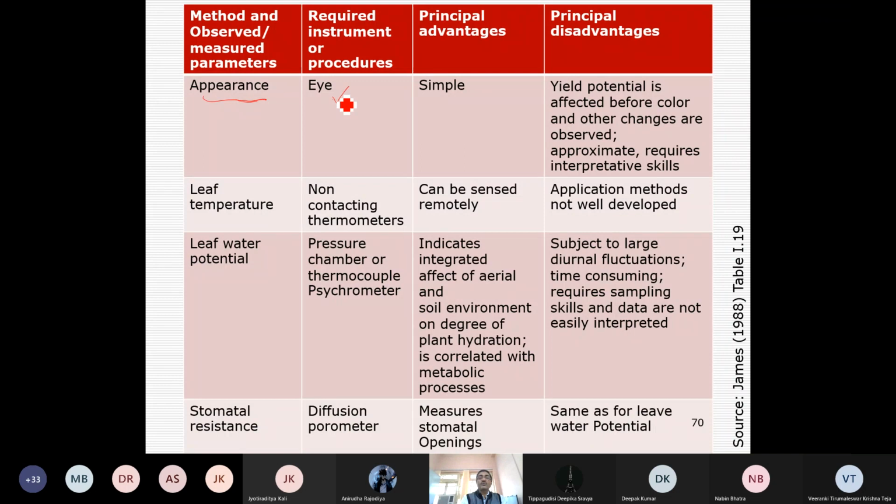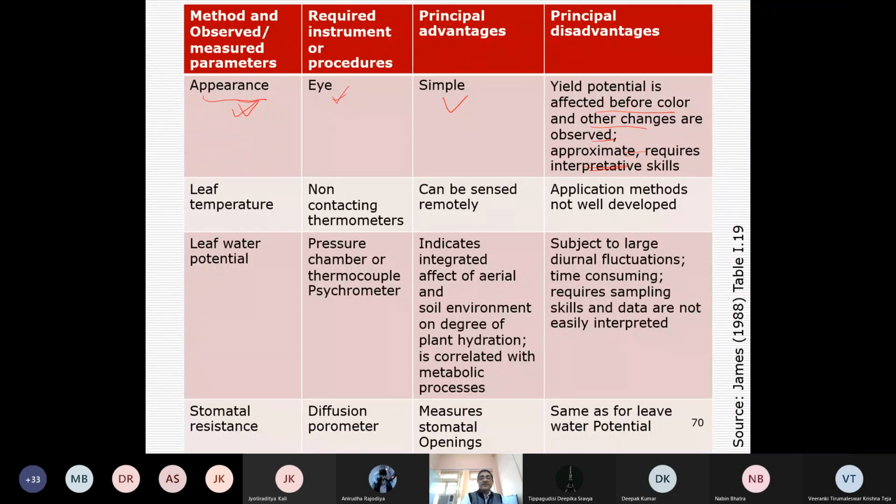We simply use our eyes. The principle is very simple: yield potential is affected before color and other changes are observed. So this is a simple appearance method of irrigation scheduling by seeing the plant. It is very approximate, and again it requires a lot of skill and experience.